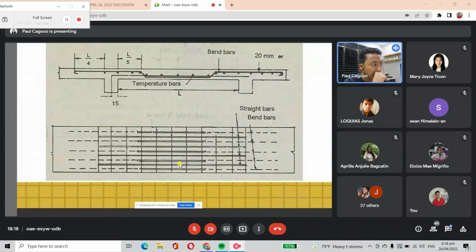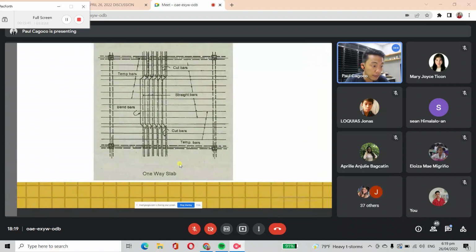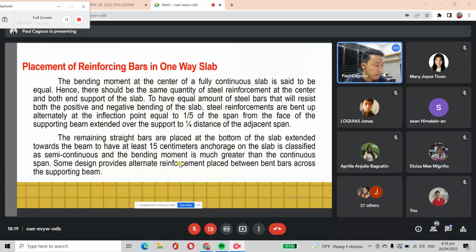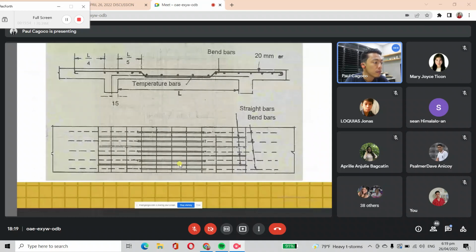Pagkat-ani mo na dire sa section, kung ang imuhang rebar is dili na continuous, ang straight bars is dili na continuous, for example, may extend ra ka og pila ganito? 15, di ba?